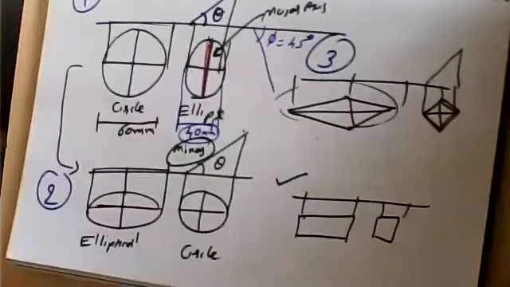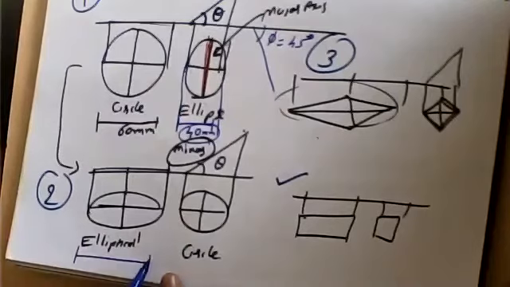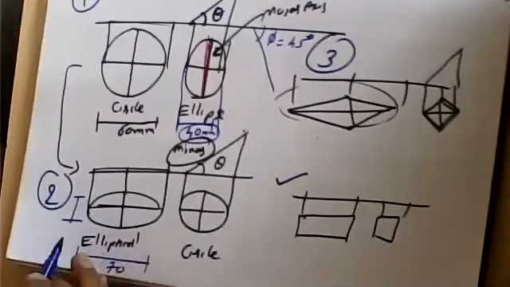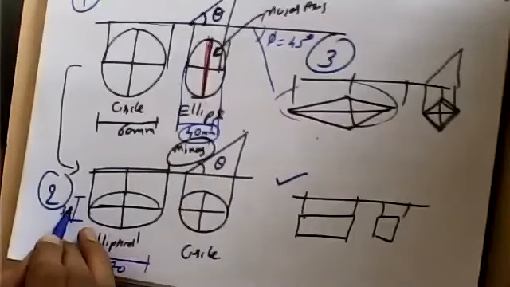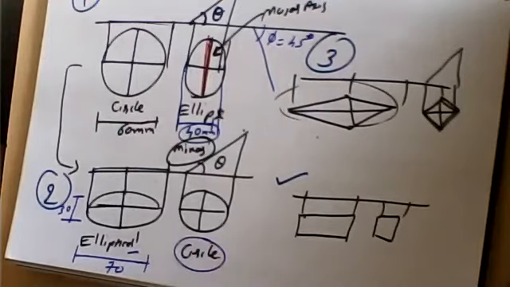Problem statement 2 is: an elliptical plate is resting on HP. It has a major axis of about 70 mm and a minor axis of about 30 mm. The elliptical plate becomes inclined to HP such that it forms a circle.